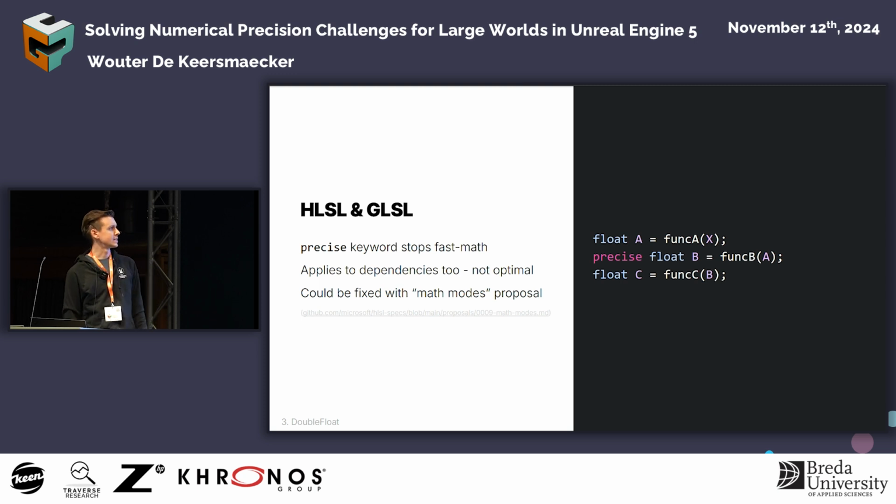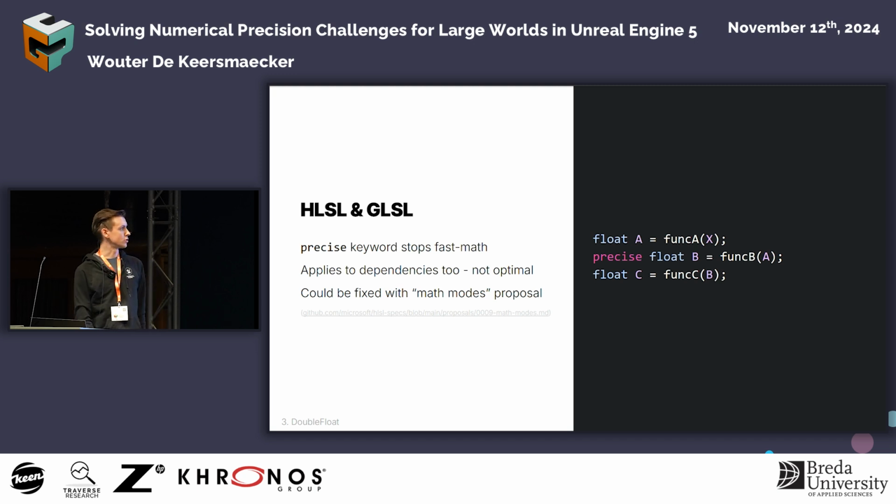Also worth noting that with the precise modifier, the semantics are not always well defined. So for example, DXC now has support for modules, but when you have a precise modifier and then you include that in a function that you are exporting from a module, and then you use that function elsewhere, that spreading semantic that I talked about earlier might not work as you might expect it to.